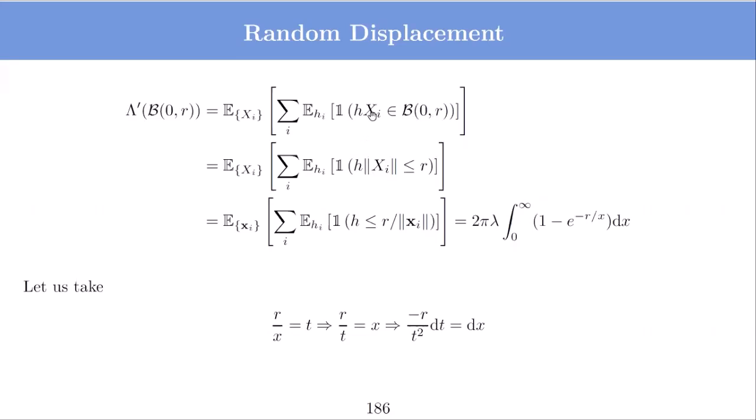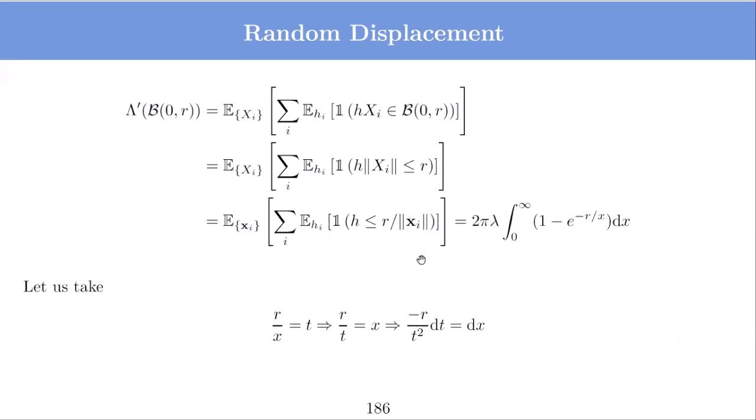The norm of hi xi is h into norm of xi, less than r, and then this becomes h less than or equal to r by xi. So this is nothing but the probability that h is less than r by xi. And what is the probability that an exponential random variable is less than some value? 1 minus the exponential of minus that. So this becomes 1 minus e to the power minus r by x.